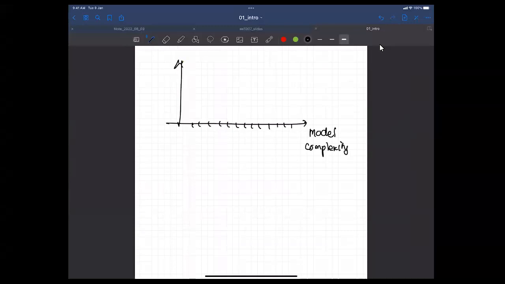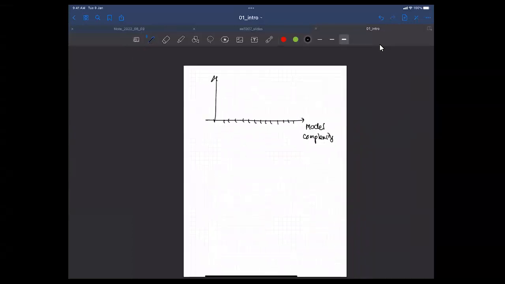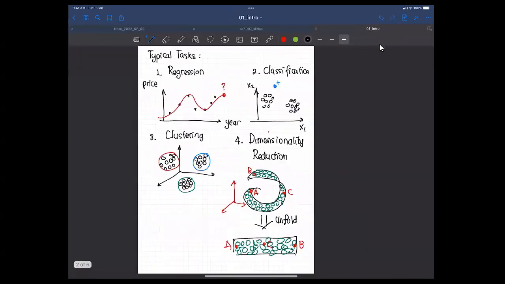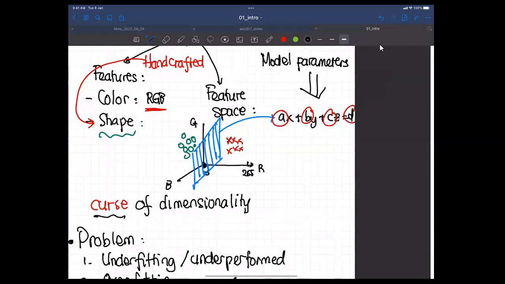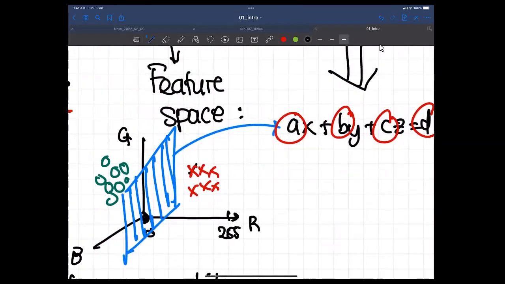Or in some cases, in polynomial theory, it is the number of parameters, like in the example I just gave you. This model has how many parameters? 4. But if I reduce it to 2 dimensions, how many parameters do I have?